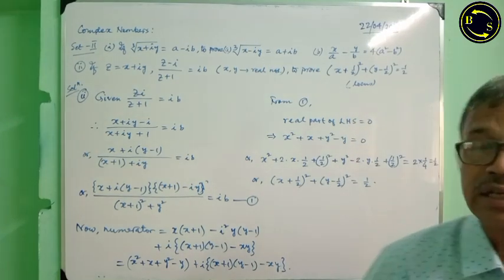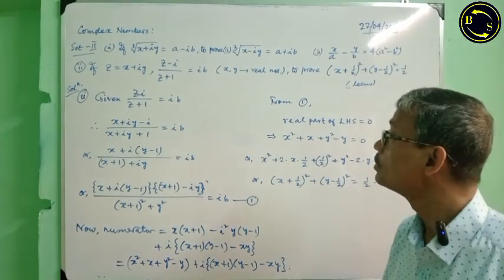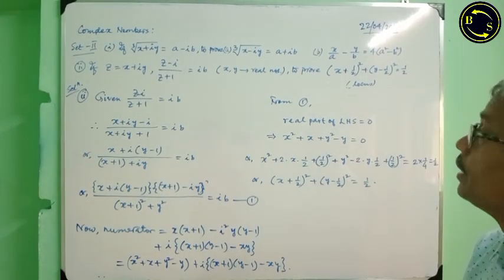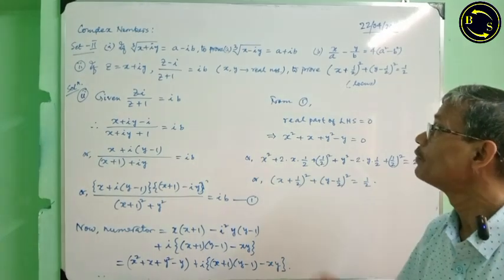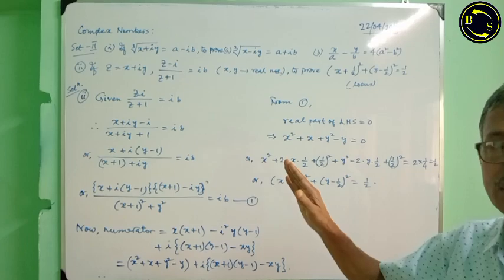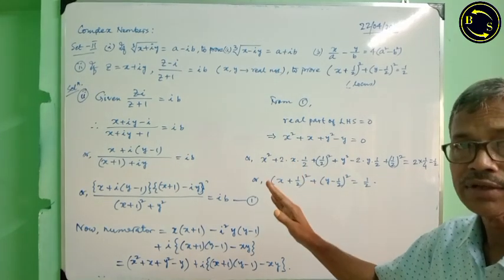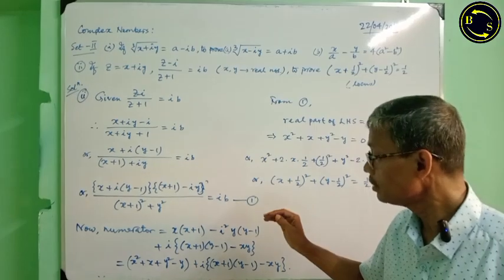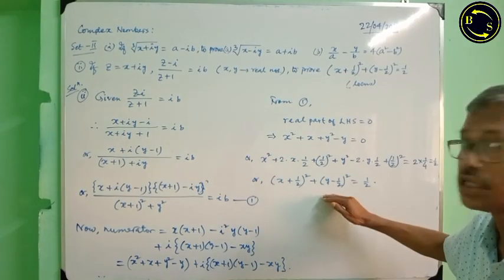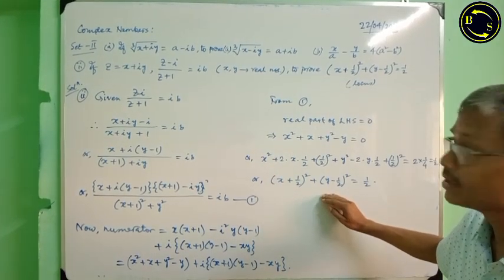The other thing is that sometimes the question is asked like this: if this, find the locus of the point z on the complex plane. For that version, we have to work out up to this. This part will be the same.